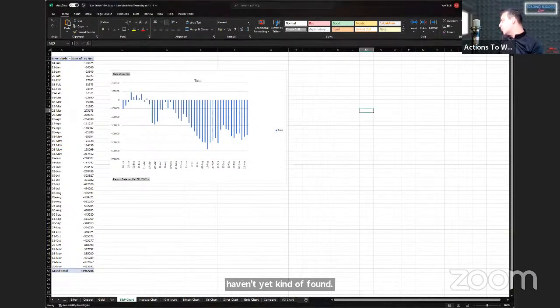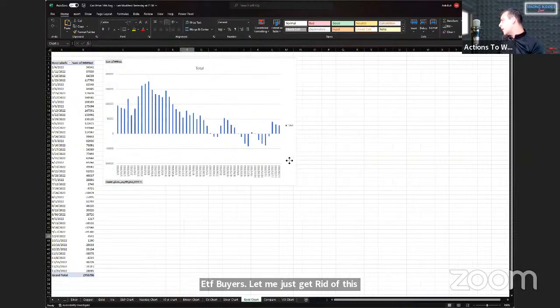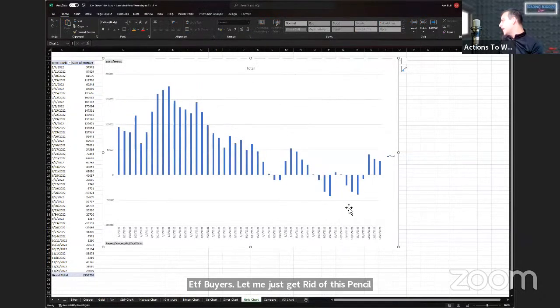So here's gold's COT data, and we were seeing really negative for many months. But in the last 3 weeks, a big pop up in the buying 3 weeks ago, and last week, okay, it's drifting a little bit, but it's still pretty good. And you compare that with silver as well.